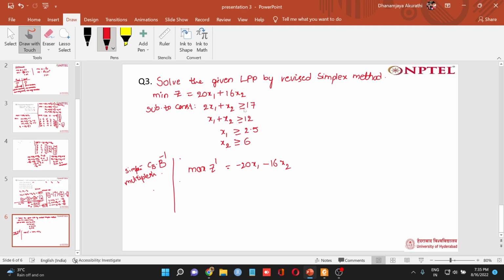Here these have greater than or equal to signs, so this can be solved by the big M method or the two-phase method. Just assume that we solve using the big M rule in the revised simplex method.